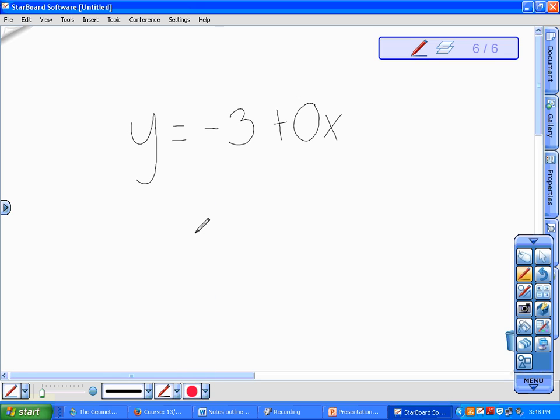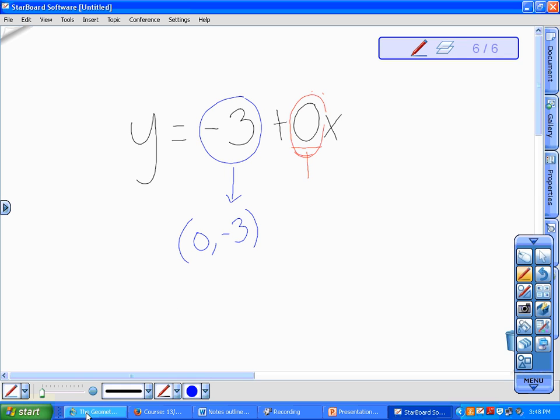In this particular equation, 0 is the slope, and I'm going to go ahead and put that over 1, and the y-intercept is at negative 3. The y-intercept would be at (0, -3). So let's graph this equation on our graph paper.